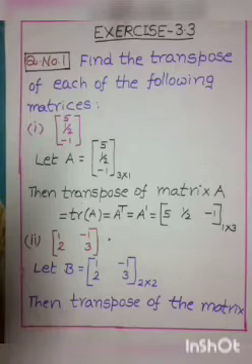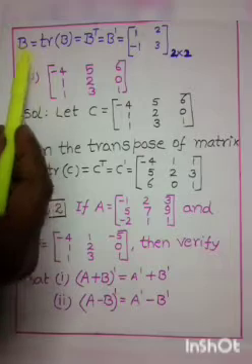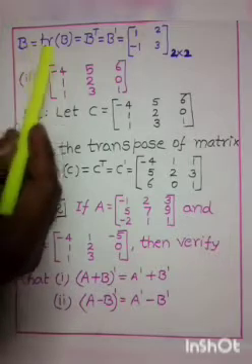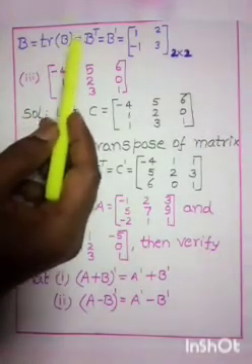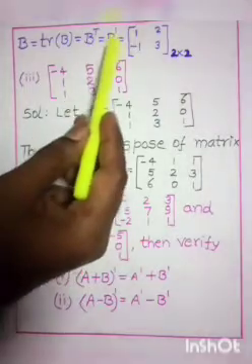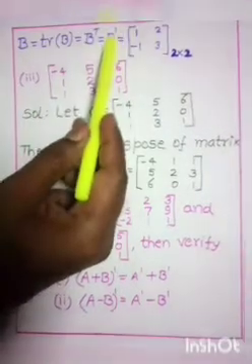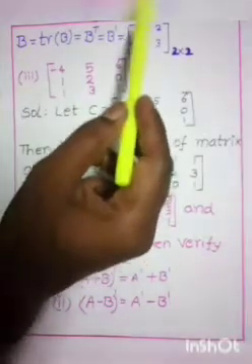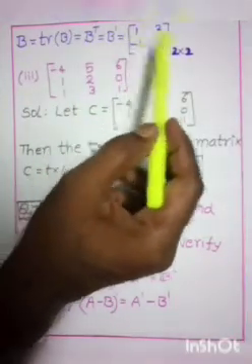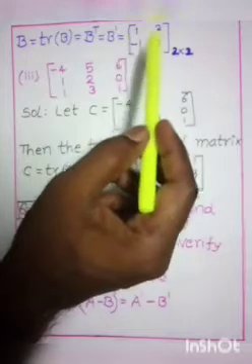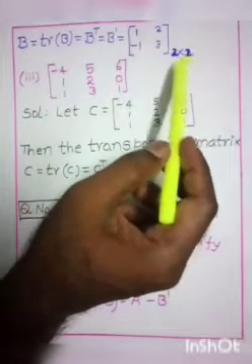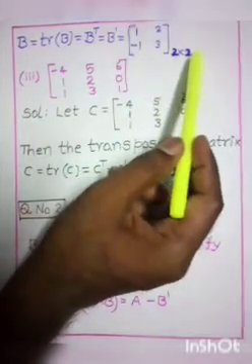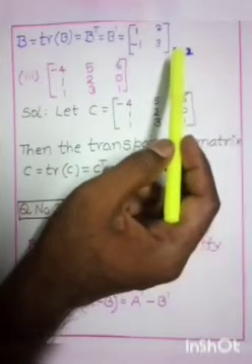Transpose of matrix B is equal to TR of B, that is equal to B transpose, that is equal to B dash. All these three notations denote the same. Transpose of the matrix B is equal to matrix 1, 2, minus 1, 3. By interchanging the rows and columns we get this matrix. The order of this matrix is also 2 by 2. Understood this step, my dear children?